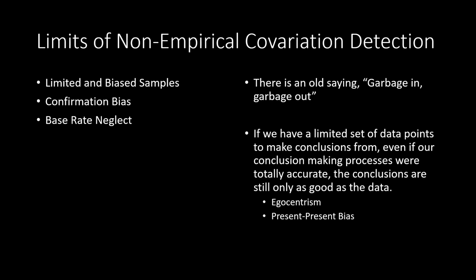These are related to egocentrism, right? We tend to look at the world from our own perspective, and oftentimes we use that as the metric to judge all things, even though in many cases that's not an accurate way of going about it. More formally, that's often called the present bias: we tend to be very focused on what is available and in front of us, and we tend to ignore what is not.